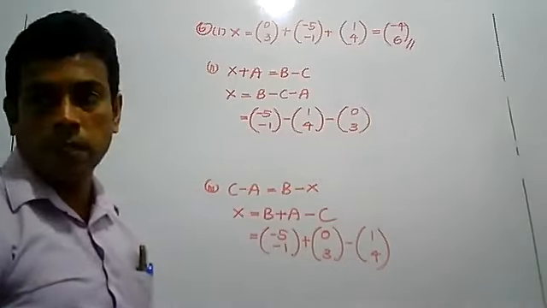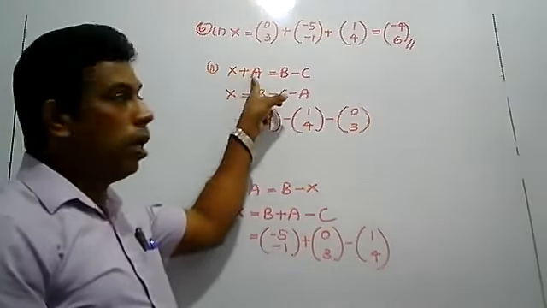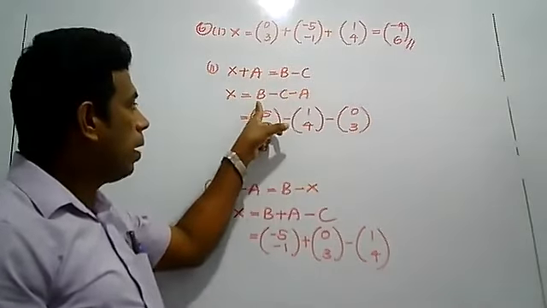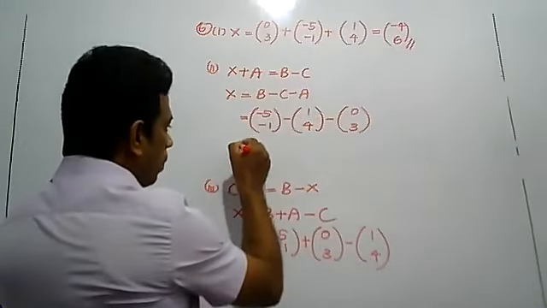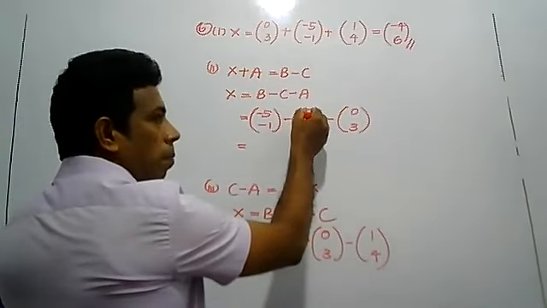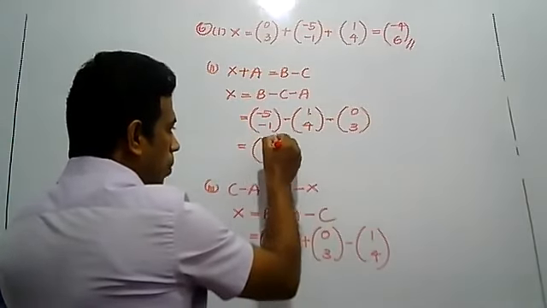Second one, x plus A equal B minus C, so x equal B minus C minus A. When you subtract, minus 5 minus 1 minus 6, minus 6 minus 0 is minus 6.